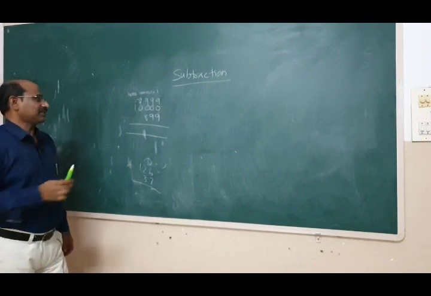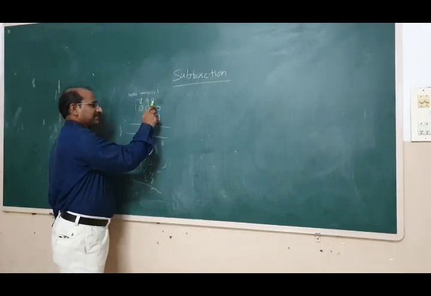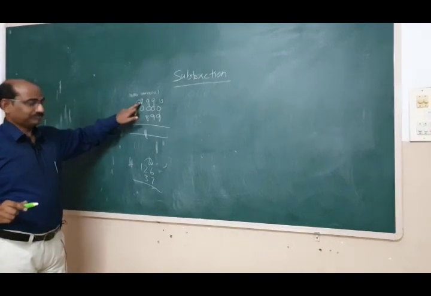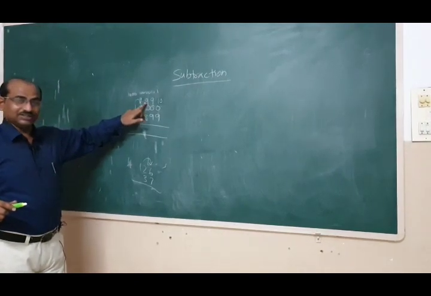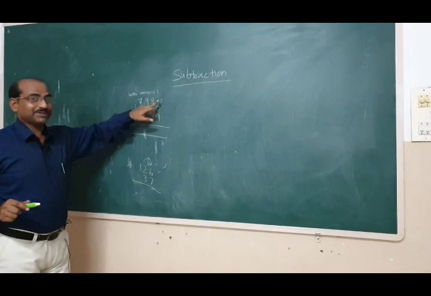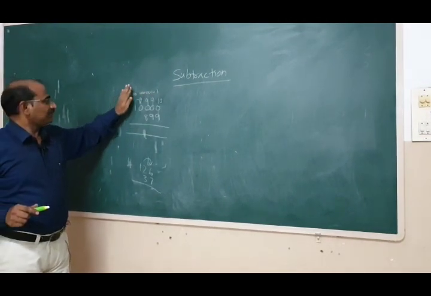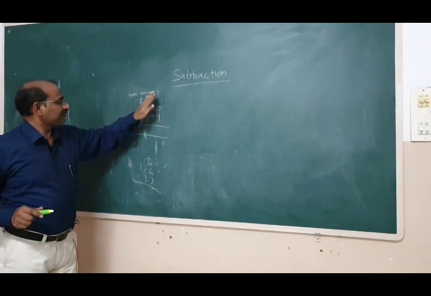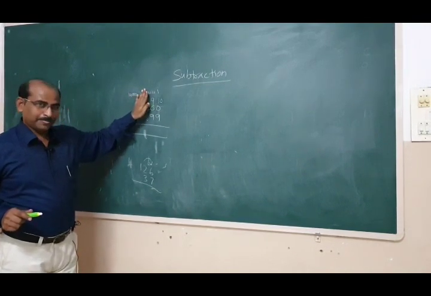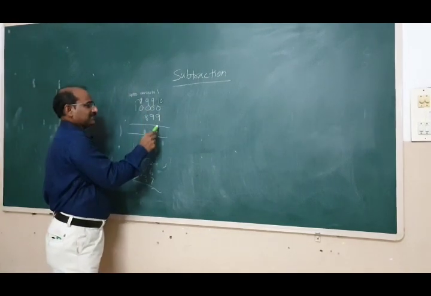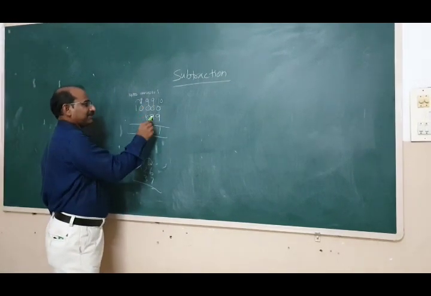Sorry, this is 10. This is 90, here we are putting 10. So this is 9,000, 9,900, 9,990 plus 10, 10,000. I think we are distributing this 10,000 like this. Here 9,000, 990 and 10. 10 minus 9 is 1. What is 9 minus 9? 0.